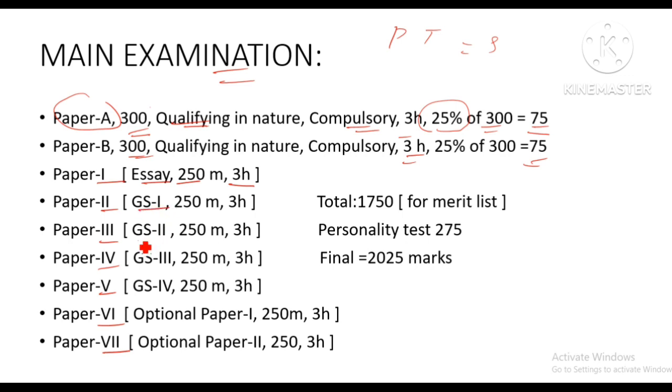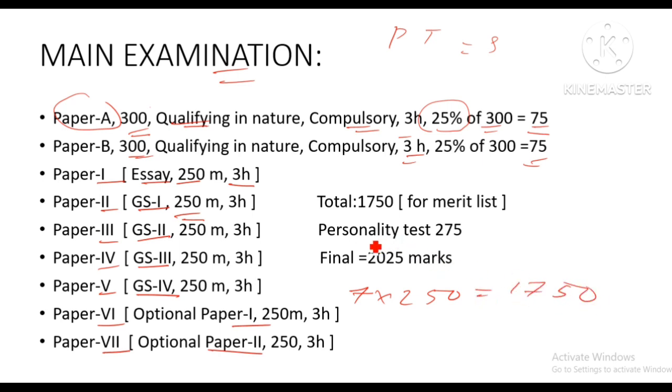Paper 3 is called GS2, paper 4 is called GS3, paper 5 is called GS4, paper 6 is called optional paper 1, and paper 7 is called optional paper 2. All the papers have to be written within 3 hours, and all the papers have the same value, 250 marks. That means a total of 7 papers count for merit, 7 into 250, that is 1750.